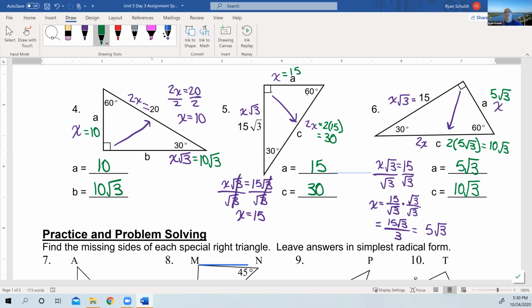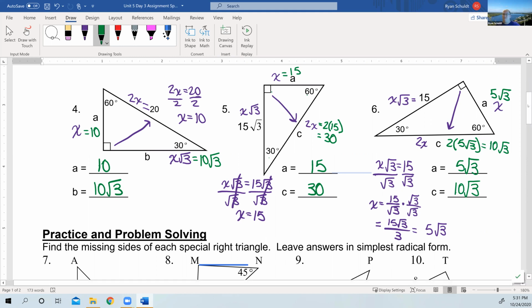That's all there is to these problems. So just to remind y'all, 4 steps. 1, what kind is it? 2, label your sides. 3, find x. 4, use X to get the other sides.